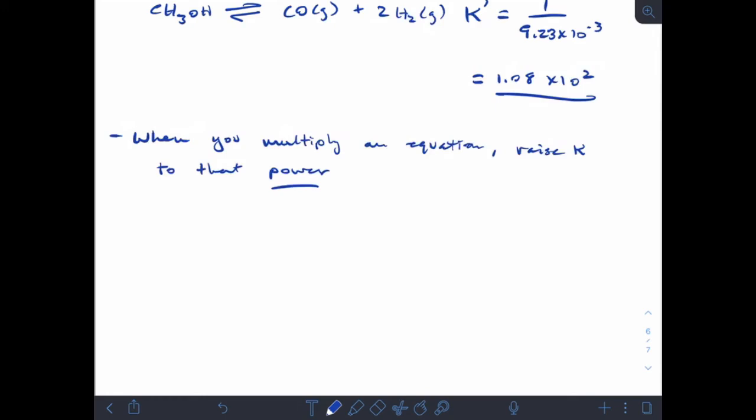So for example, if I take that same equation from above and I multiply it by 2, so if I say 2CO gas plus 4H2 gas equals 2 methanols, I'm going to say K squared.